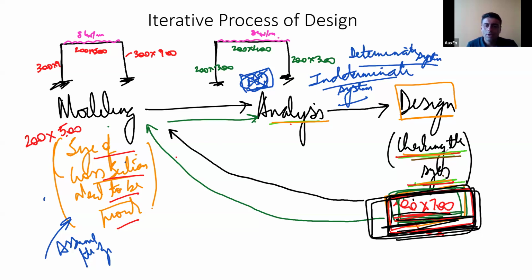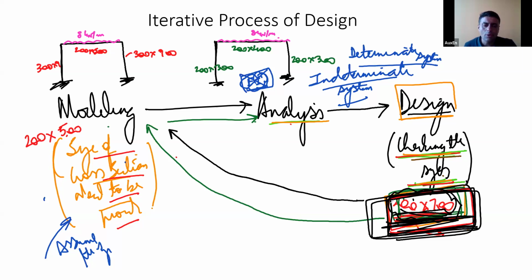And therefore, when I'm carrying out the design in RCDC, let's say I figure out that this size is not workable or not sufficient or the reinforcement required for this size is too high. Then I need to change the size.